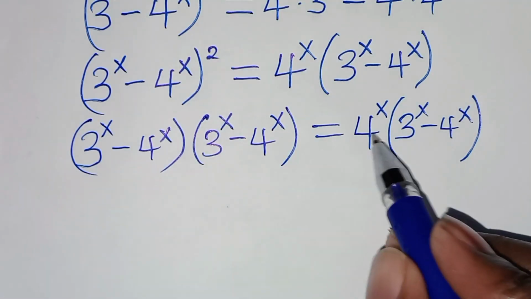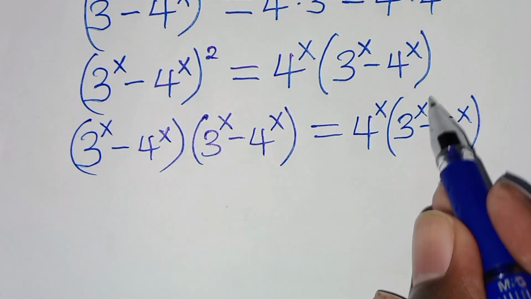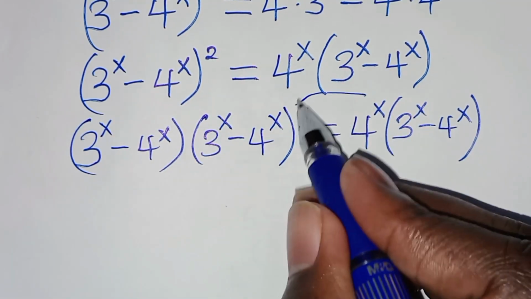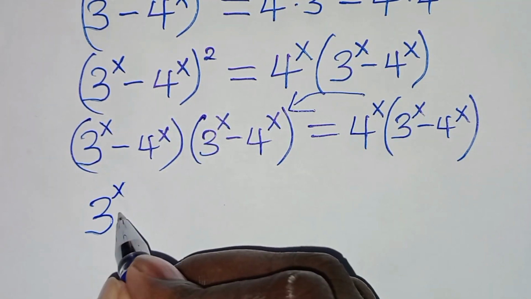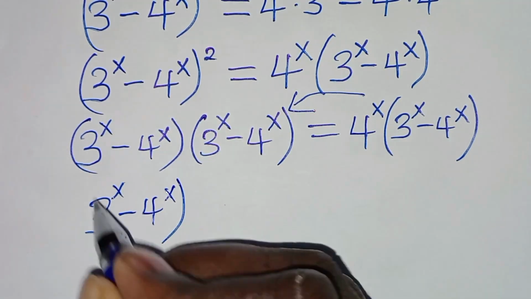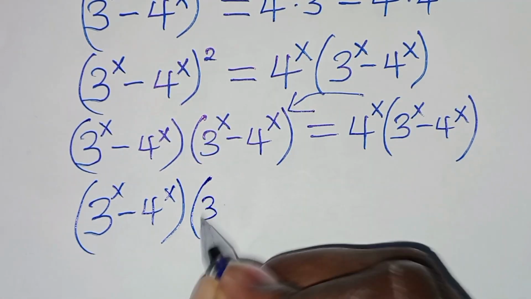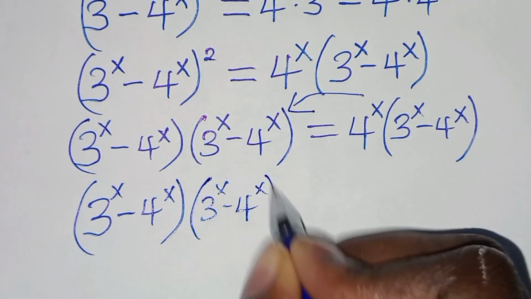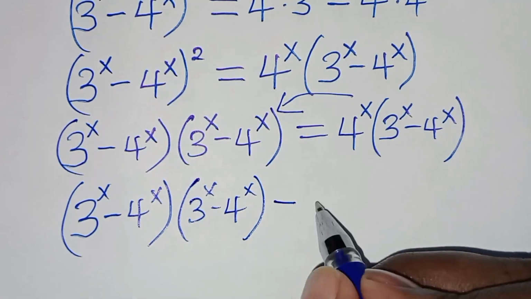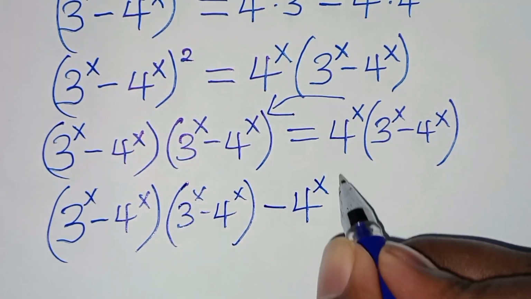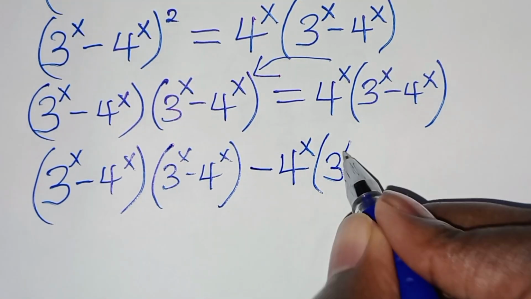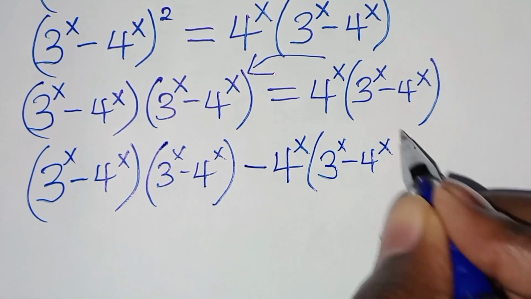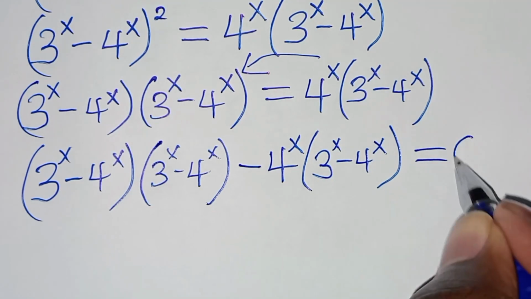The next step is to take 4 to power x times (3 to power x minus 4 to power x) to the left hand side. So here we have (3 to power x minus 4 to power x)(3 to power x minus 4 to power x) minus 4 to power x times (3 to power x minus 4 to power x) equal to 0.